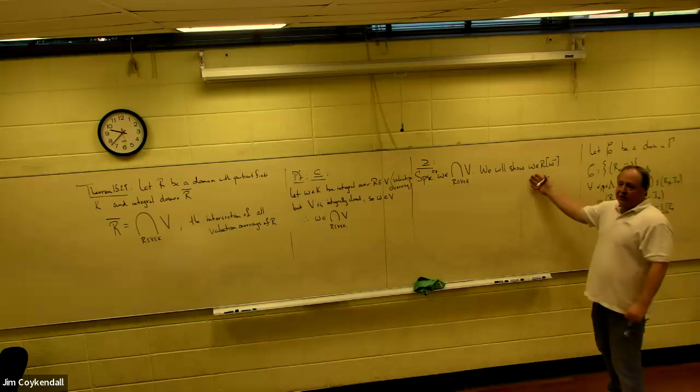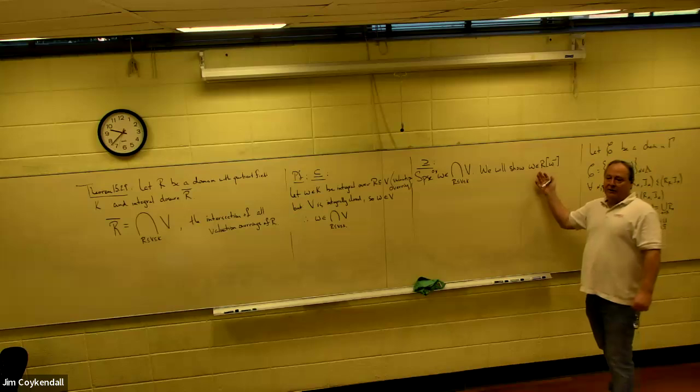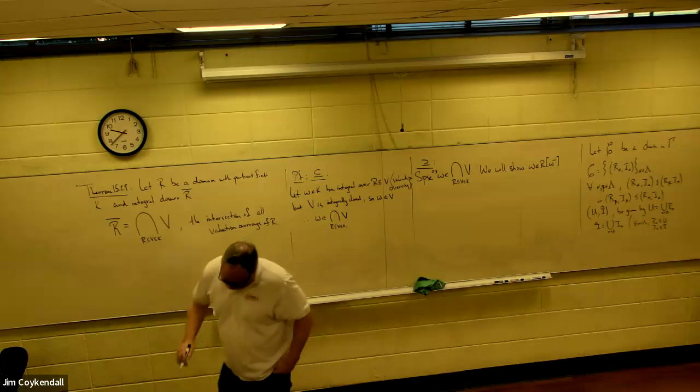Remember, this is one of our characterizations of being integral. If omega is in R adjoined with omega inverse, that means that it's an integral element. So how are we going to show that?